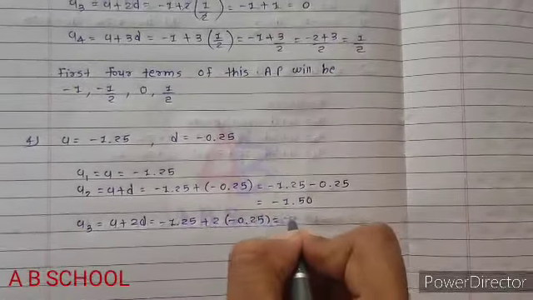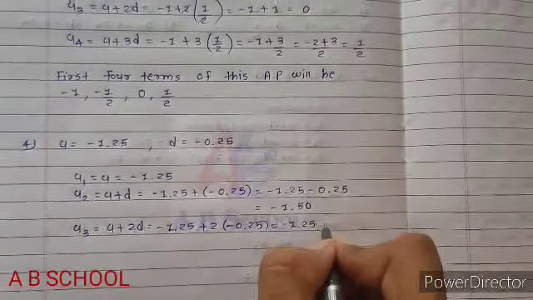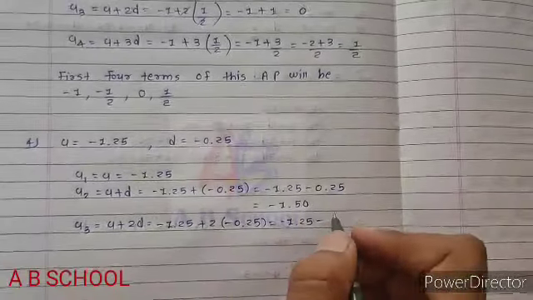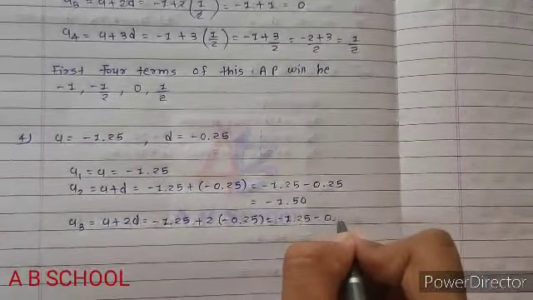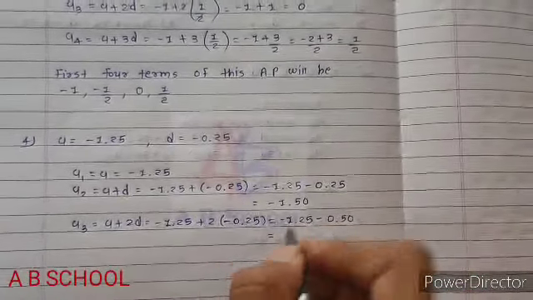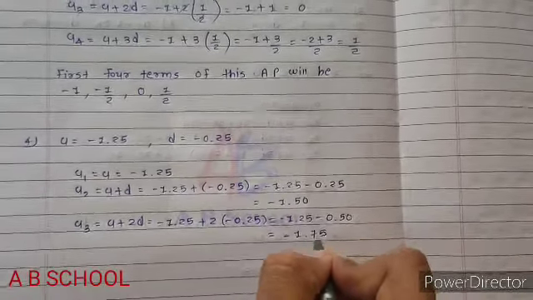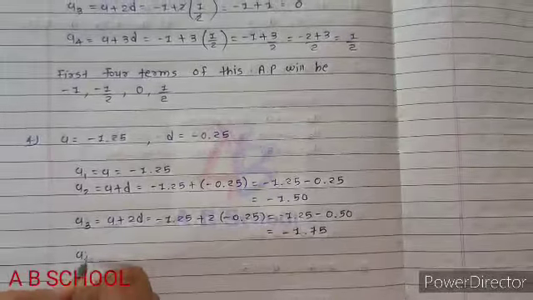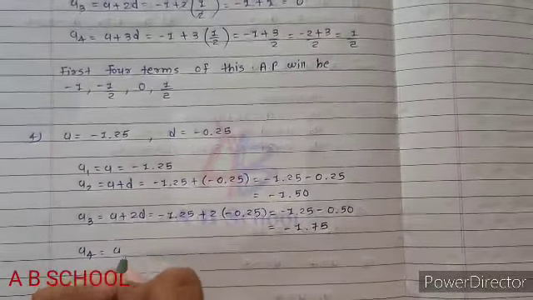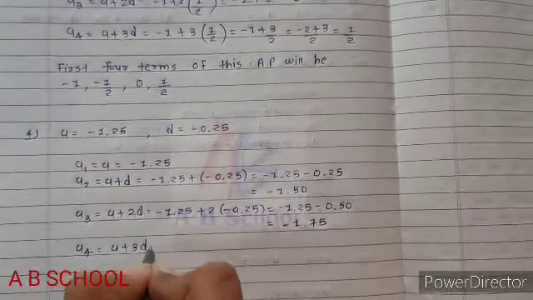So -1.25 plus (-2 into 0.25, that is 0.50) is equal to -1.75.